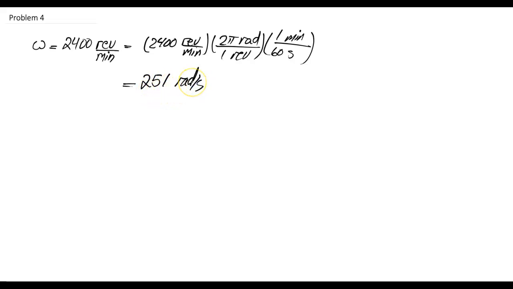And now if we look at the side view, we notice that the velocity of the plane relative to the air is 75 going horizontally.